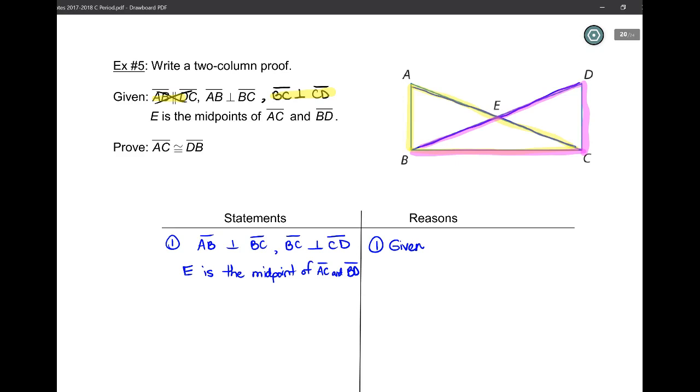So we really don't have a whole lot of information here to get those two larger triangles congruent to each other. All we know are right angles and they share a side, but we don't have any other information about the triangles here.